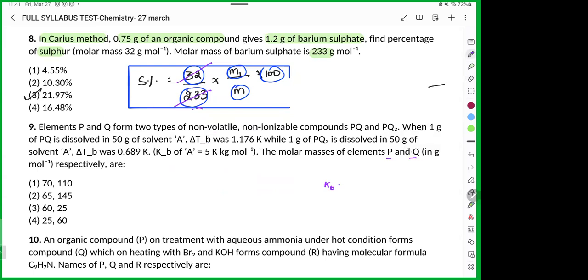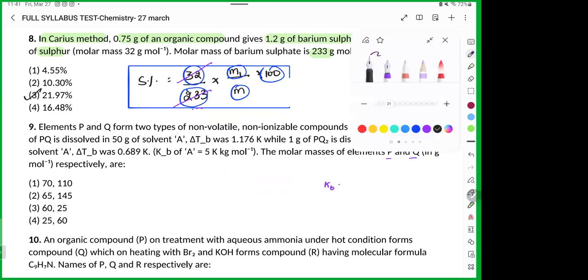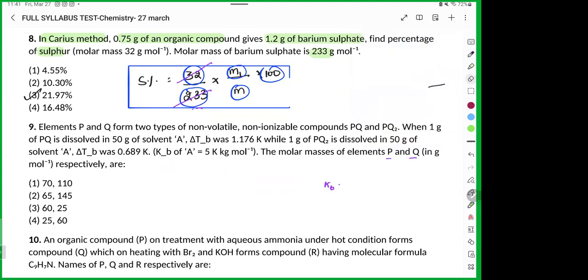For the first compound, in the solution chapter, delta TB is equal to Kb into molarity. First we calculate for the PQ compound.